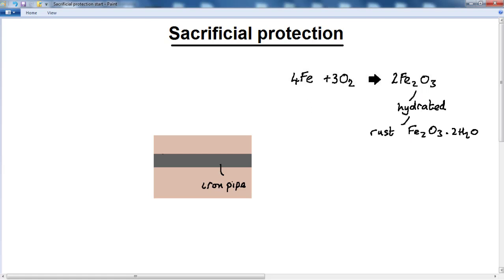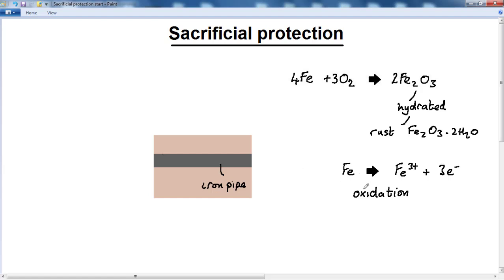During this process the iron loses electrons to form an iron 3 ion plus 3 electrons. This process is called oxidation, because the oxidation state of iron has been increased to 3+, and in doing so it's losing electrons.